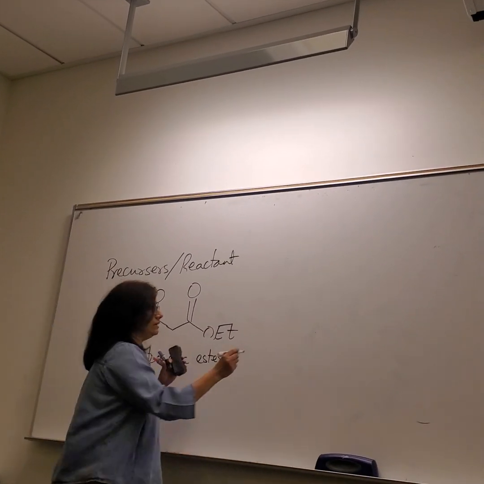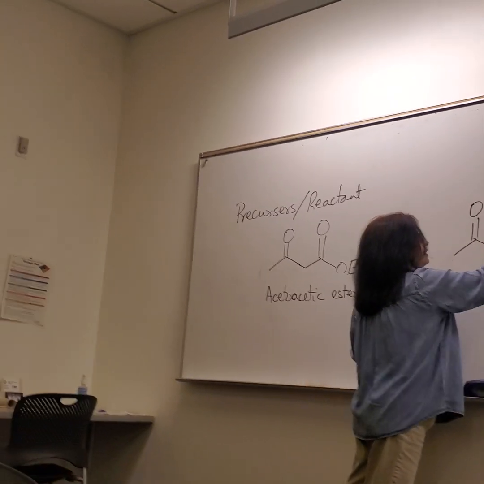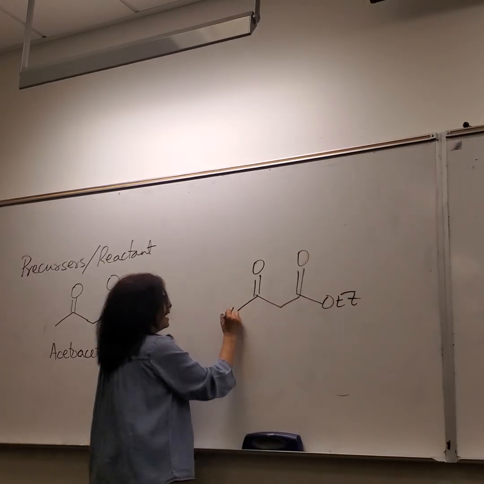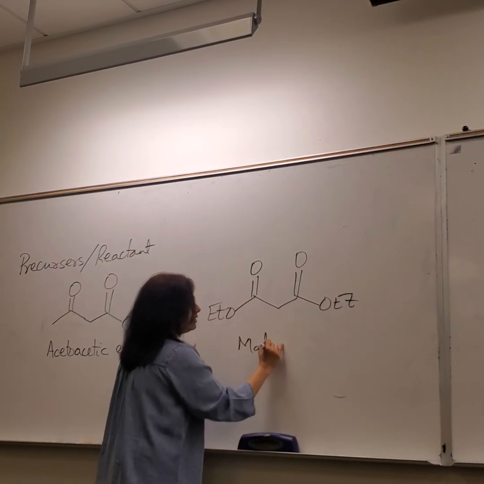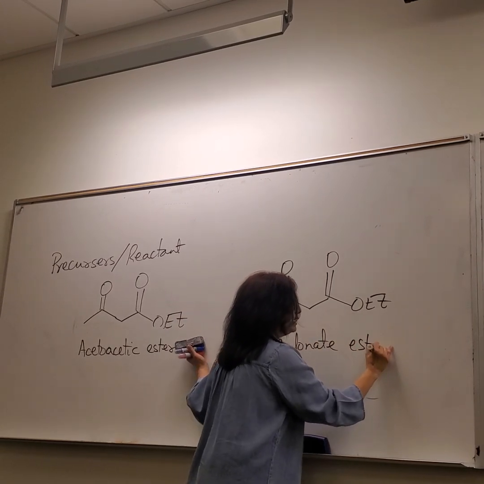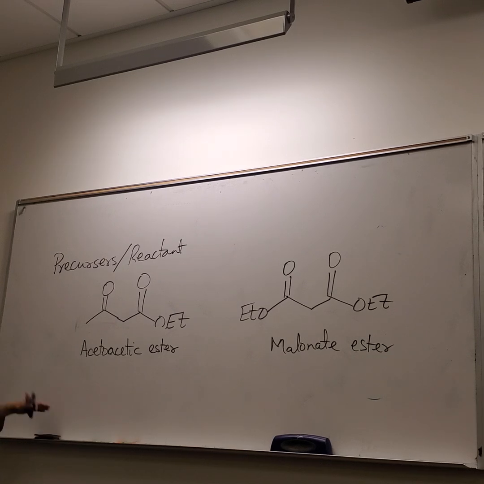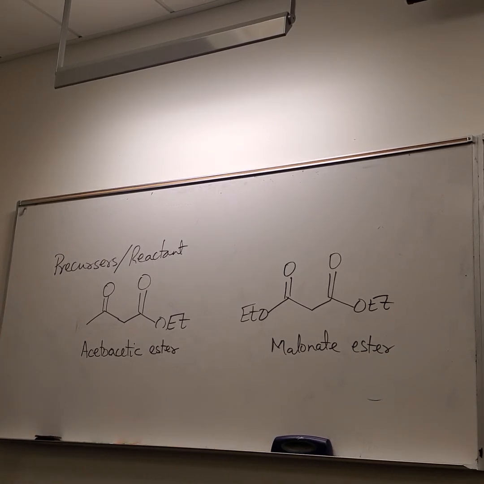And the other one is very similar to that one, except that it has esters on both sides. This is called malonic ester. It comes from malonic acid, hence malonate ester. These are very, very useful precursors in syntheses using this strategy.